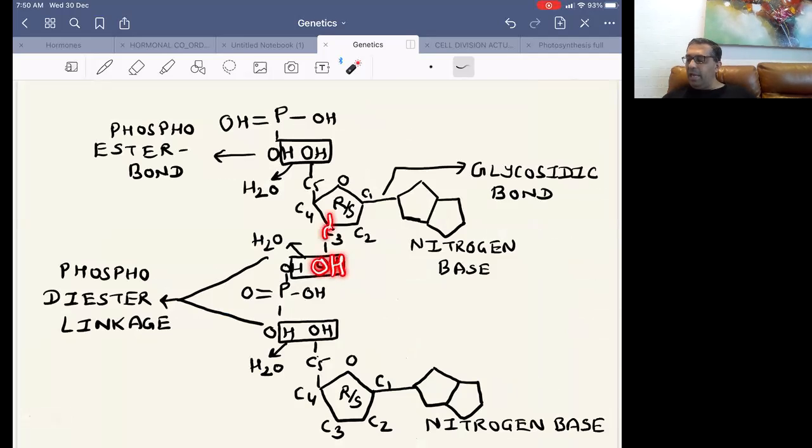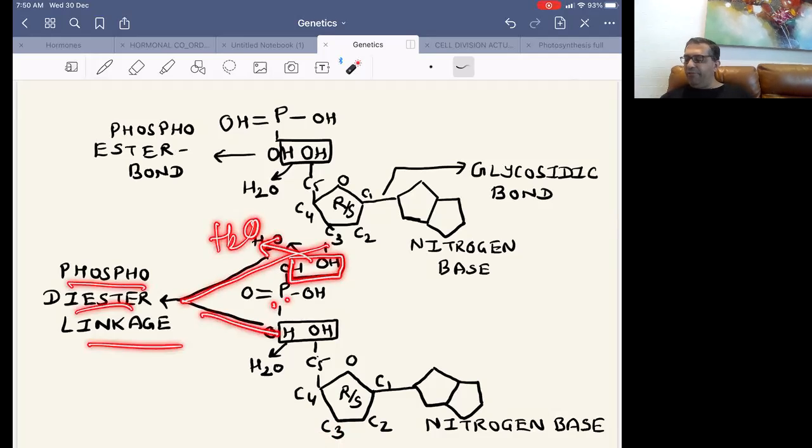But that hydroxyl was used in condensation, with OH and H forming a water molecule, and the oxygen attached to the phosphate to form a phosphodiester bond with the fifth carbon of the next sugar.